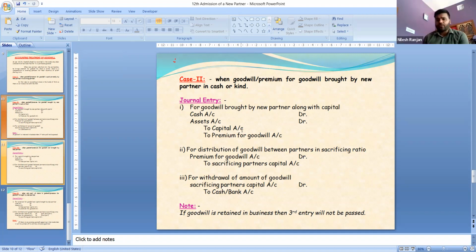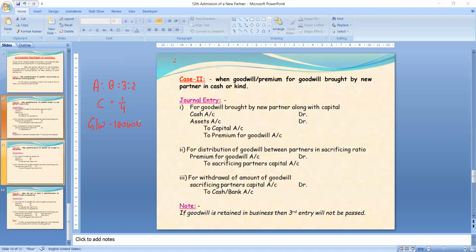Okay, let's assume a question for this so that you will understand. A and B are partners sharing profit in the ratio of 3:2.